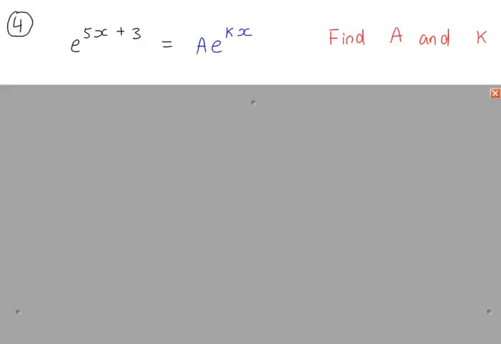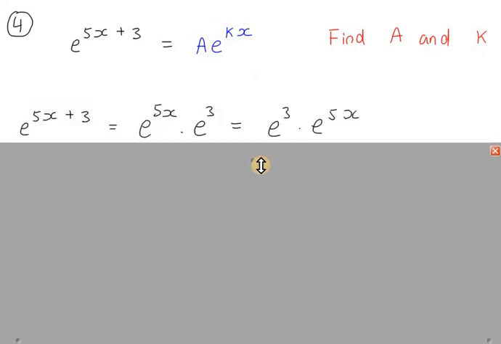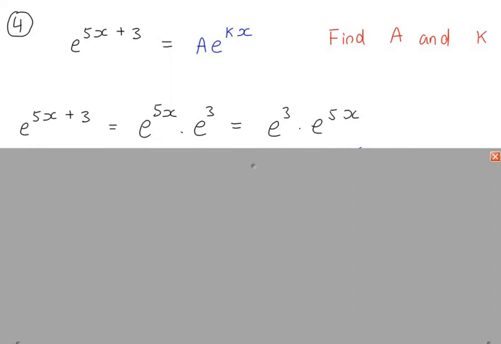Example 4, find the values of the constants a and k. Okay, so what I've done here is the indices here are being added, which means this term came from the product of these two terms, e to the 5x times e to the power of 3.